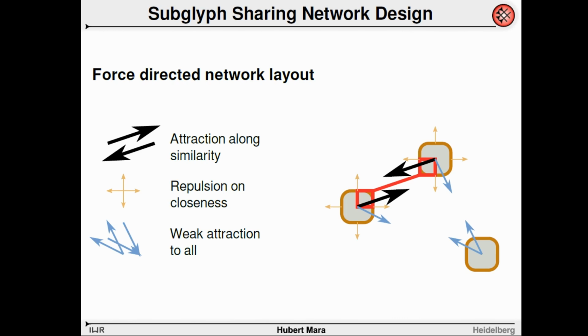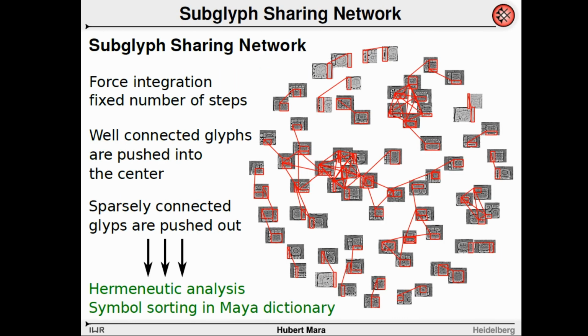Then we have a repulsion: glyphs like to have their privacy space, so they push other glyphs away if they come a bit too near. Also, to inspect the graph finally and make one big cluster, there's a weak attraction to everything. This compares a bit to galaxies, where the stars stay in a roundish shape at the end of the day. There is some random effect, because the initialization is random, and if we made a video, it wiggles together, forming this subglyph sharing network.